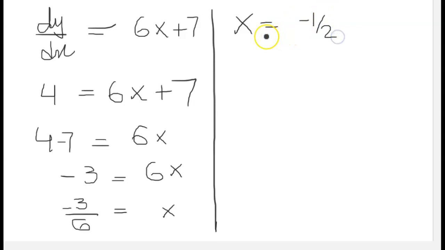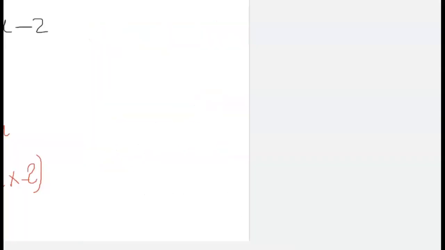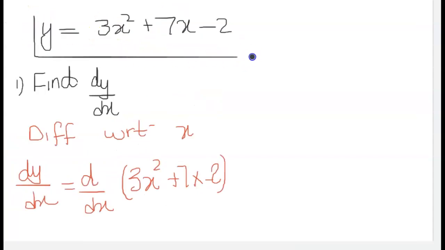If they want just the x value, you stop here. But what if they want a coordinate? To find the coordinate, you have this x. You go to the real question, this equation, and now wherever there is an x, you put minus half.